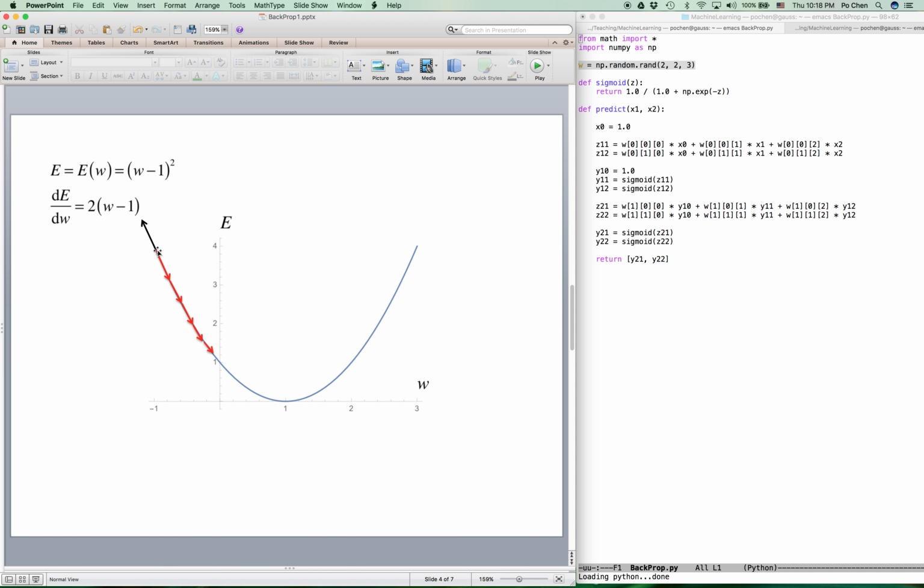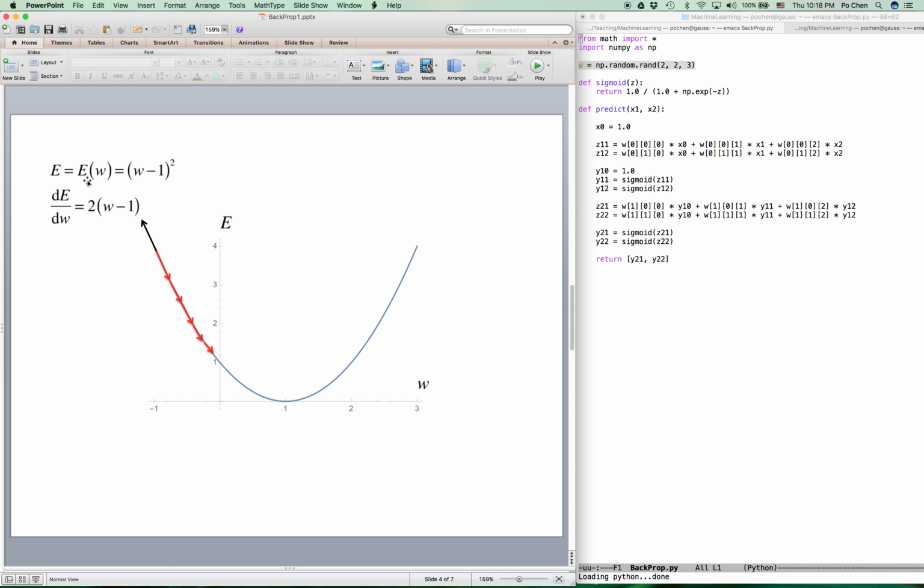The derivative tells us the fastest increasing direction of the error, right? But if we reverse that direction by multiplying by minus 1, we get the fastest decrease in the error at that particular location. So once we get that direction, we just go a small step along that direction, and then we can get some reduction in the error.